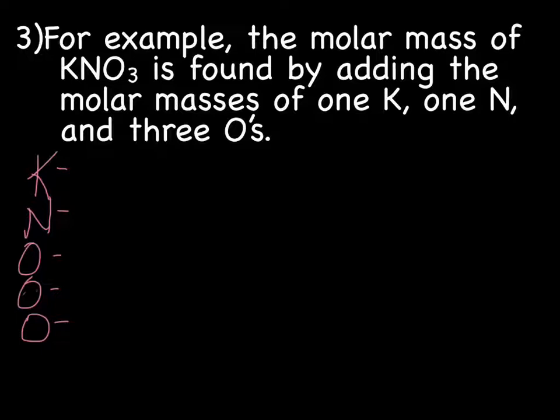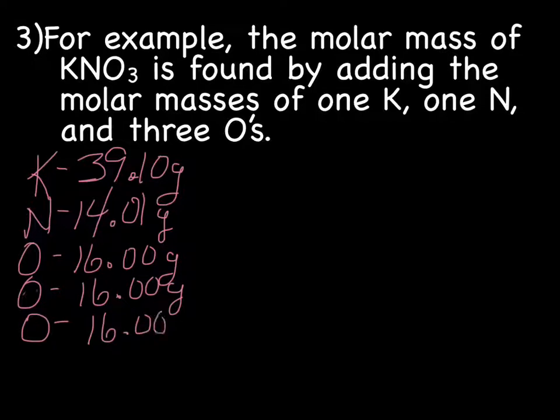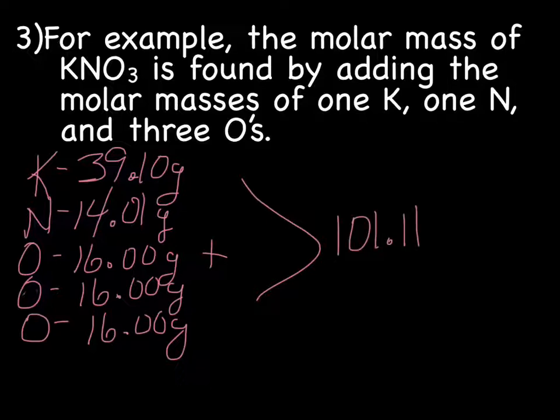So potassium has a molar mass of 39.10, nitrogen 14.01, and our oxygens all have a molar mass of 16 grams. Okay. From there, we simply add those up and come up with 101.11 grams.